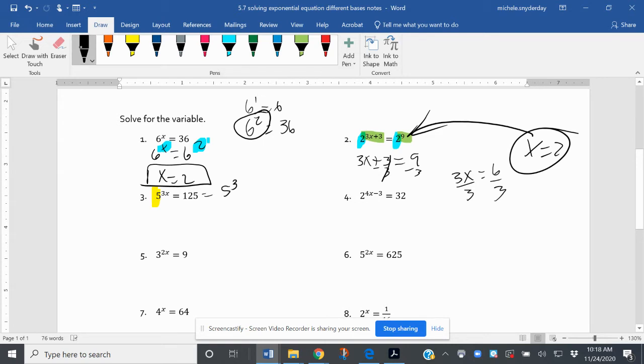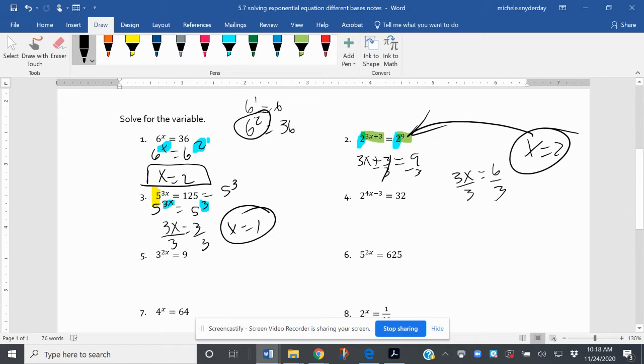So we'll rewrite this problem. 5 to the 3x power equals 5 to the third power. Now we can just set our exponents equal to each other and solve. So I've got 3x equals 3. The opposite of multiplying by 3 is to divide by 3, and we get x equals 1. So that's your answer for that problem.